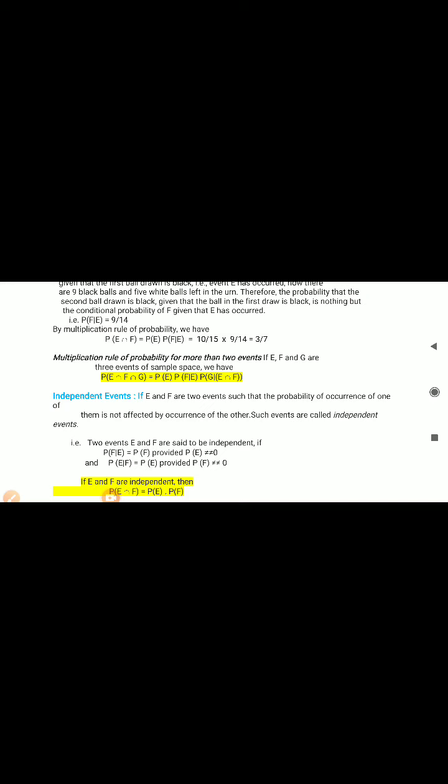In this case, if two events E and F are independent, then P(F oblique E) will be equal to P(F), no effect of the previous event happening. Similarly, P(E oblique F) is equal to P(E). Thus we see that if E and F are independent, then P(E intersection F) is equal to P(E) into P(F).